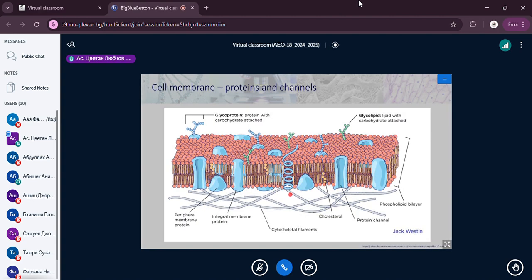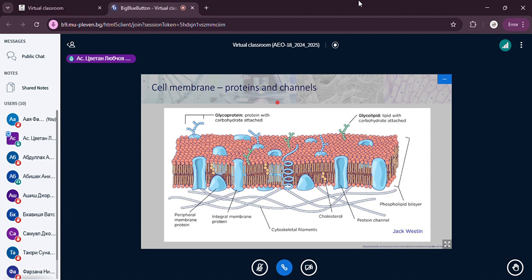Good. Continue on. The second component of the cell membrane are the proteins. As we said, this is the mosaic part of the cell. So what is typical for the proteins? They can be roughly classified into two groups.